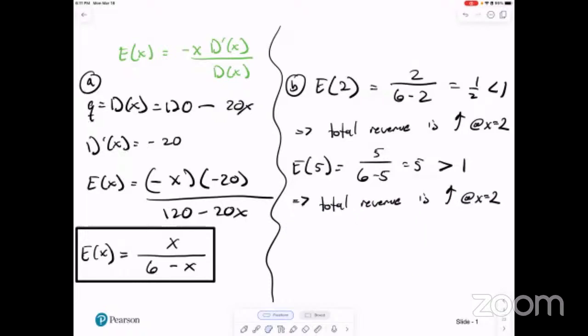Like for instance, this guy needs to be inverted. I guess that'll suffice. It looks weird, but the total revenue is decreasing when x is 5, because the elasticity is larger than 1. Okay, so we got this result for that one. We got this result for that one.